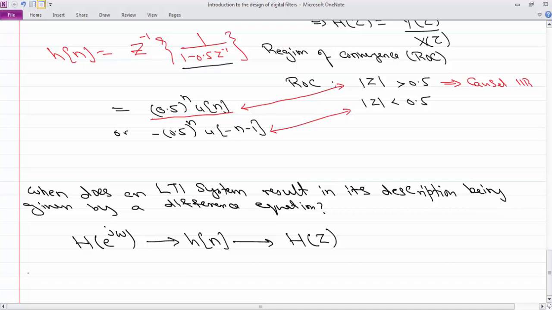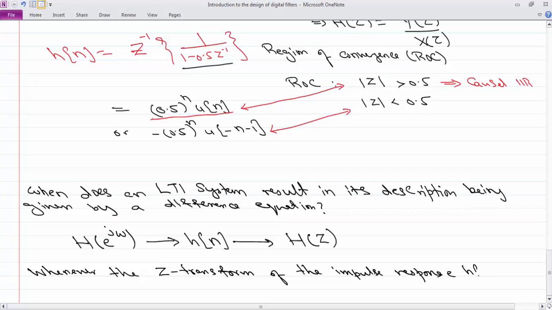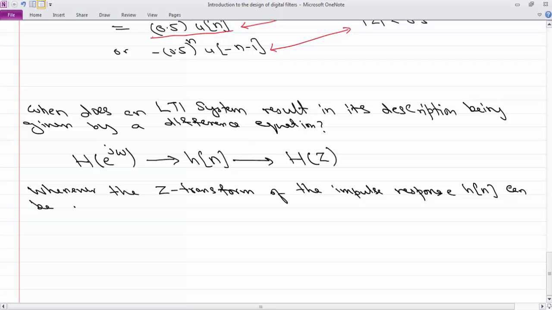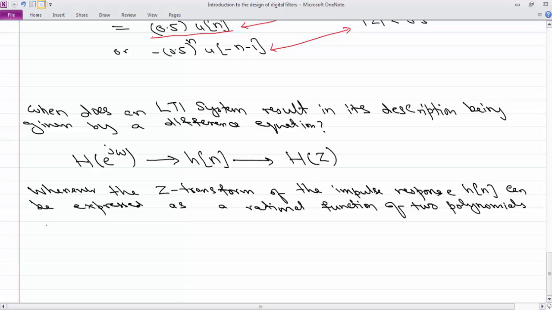And the answer is that whenever the Z transform of the impulse response h[n] can be expressed as a rational function of two polynomials in z inverse.